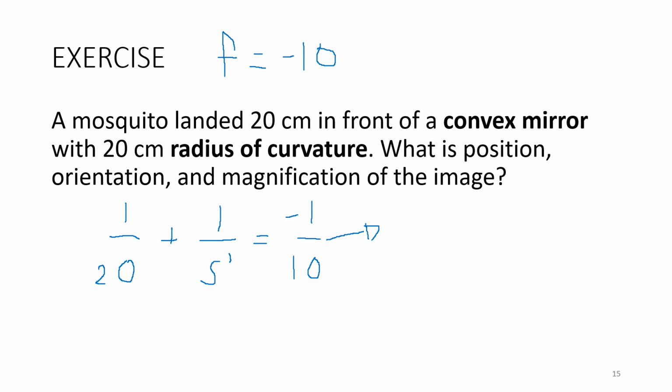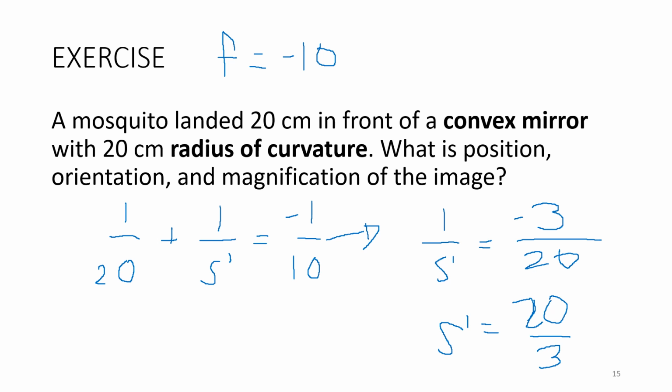We'll eventually get 1 over s prime, sorry for the lag. Then this becomes -3 over 20, and that tells us that s prime is -20 over 3.